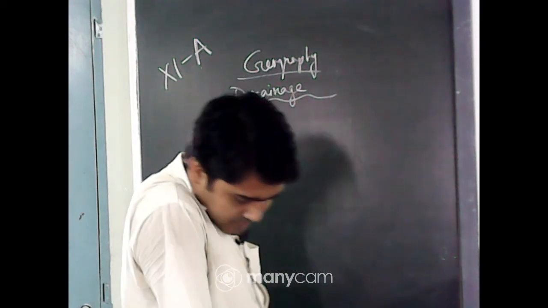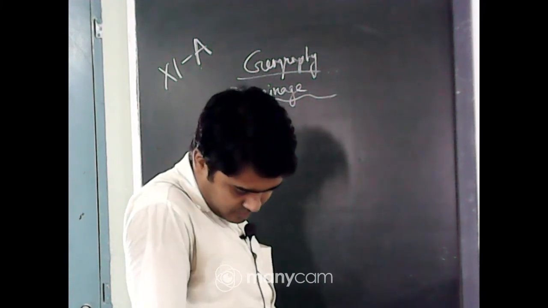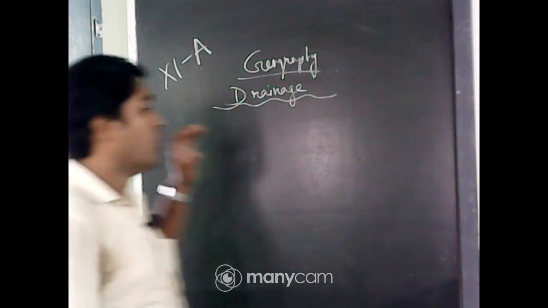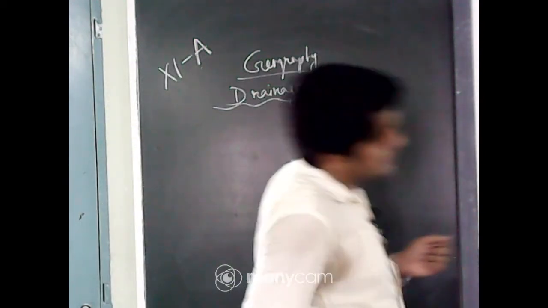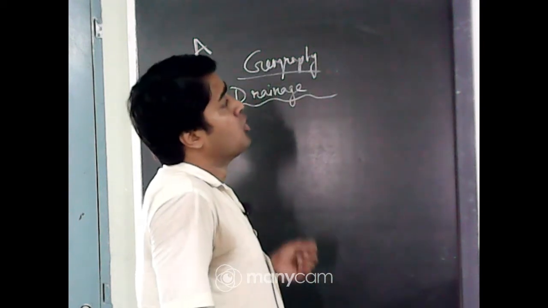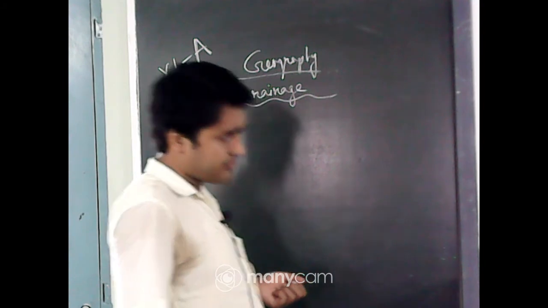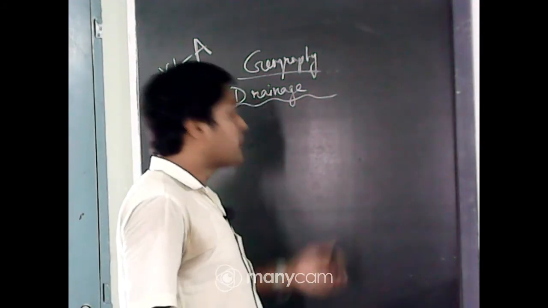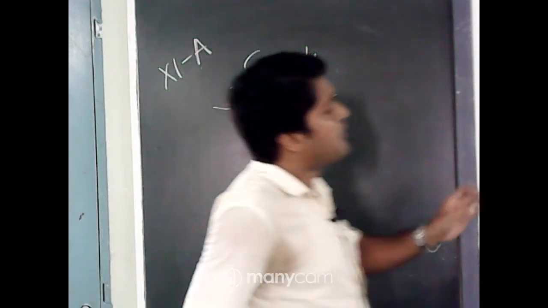Now, next, among these four drainages, which I discussed last day, which river has water throughout the year? Mahanadi, Krishna, Kaveri, Godavari.